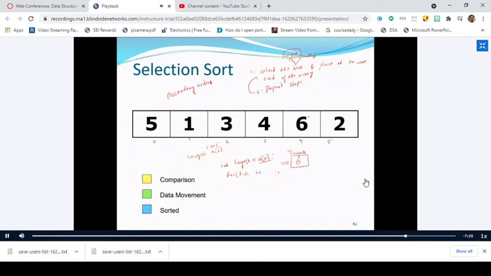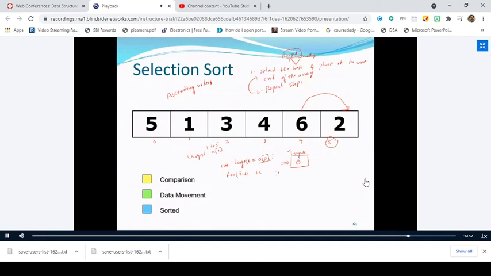So after finding the largest element, you have to move that largest element to index 5. So you swap the element 6 with the last element which is located at 5th index, right? So you swap 6 and 2.